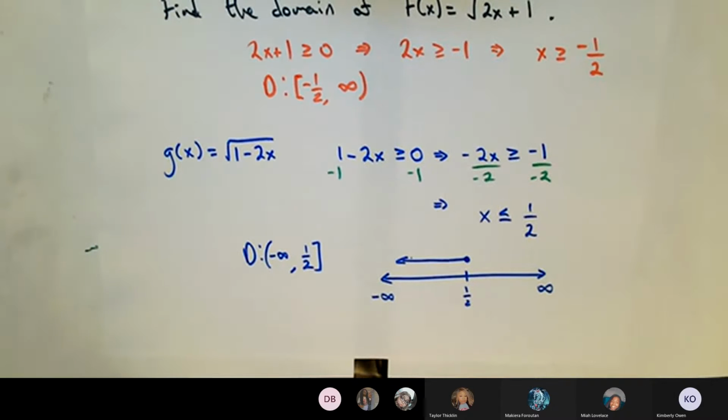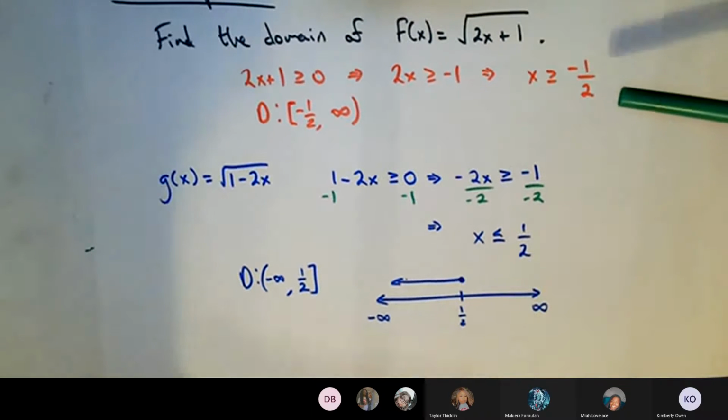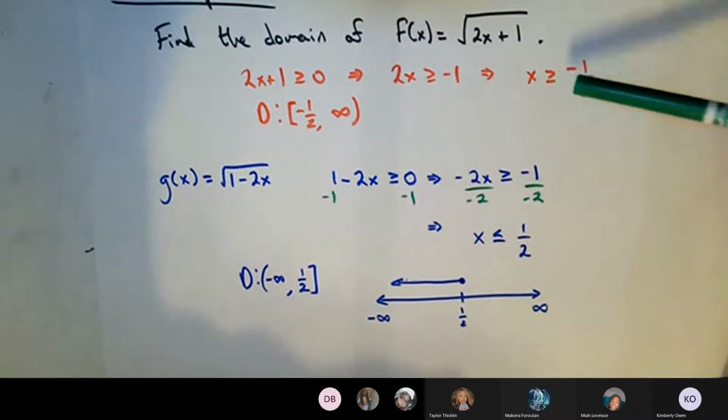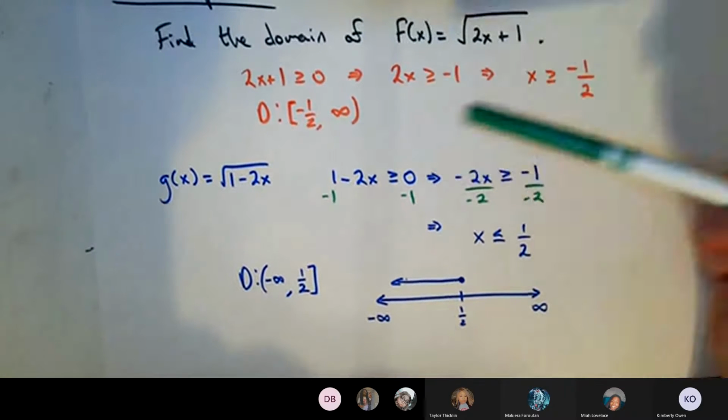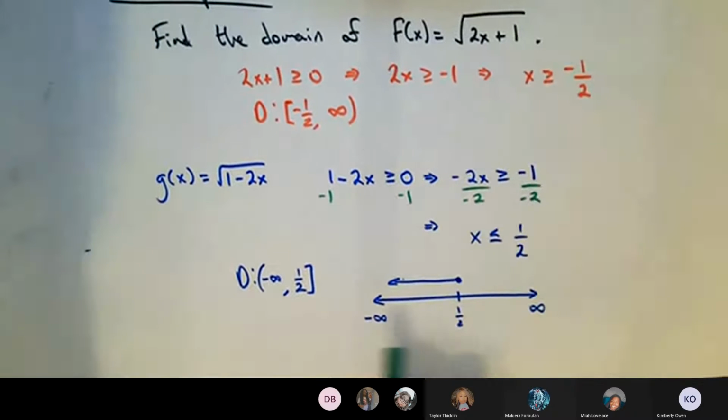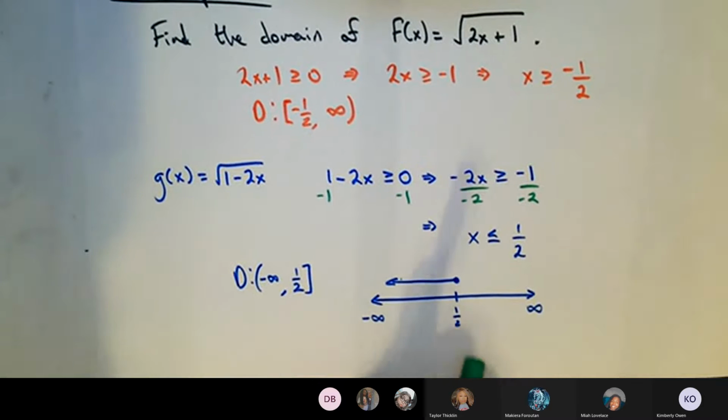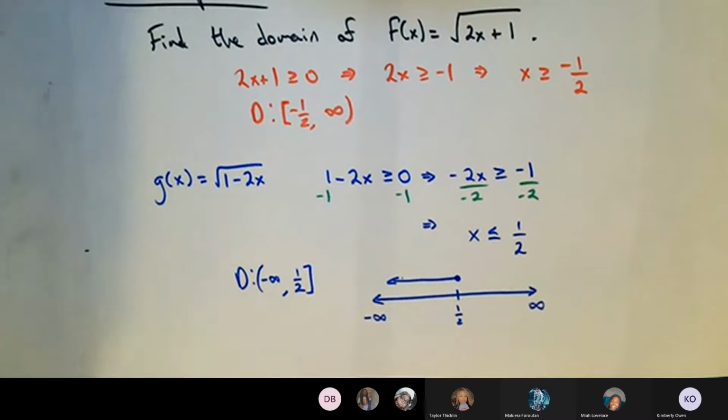So it's best, if you don't know how to get from inequality to interval, to draw a picture of the number line. Then this should help you get from picture to interval. Okay.